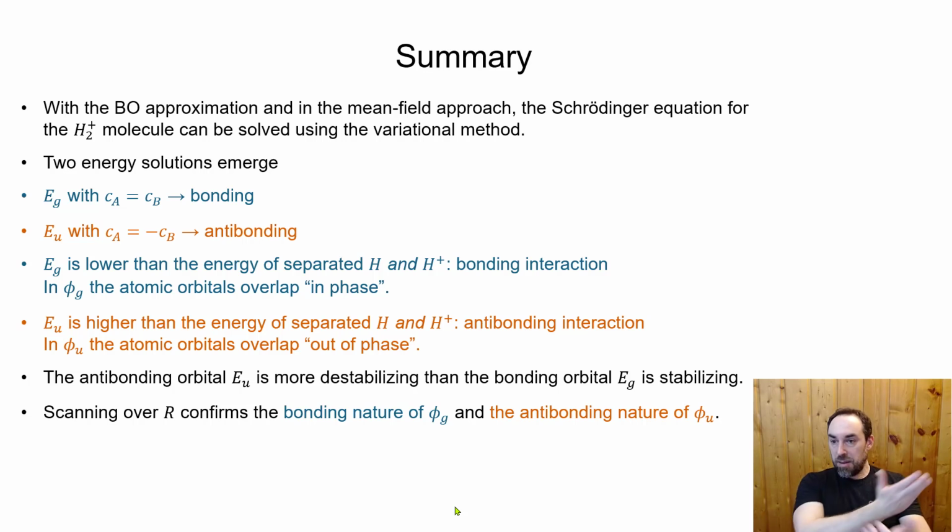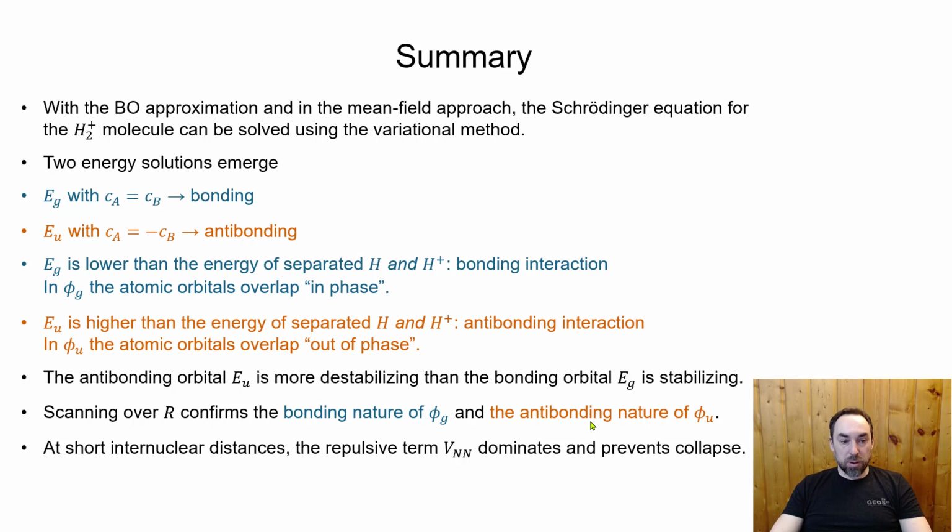Further, we scanned these terms over the bond distance, and we confirmed that the ground state leads to a dip, a minimum, so we confirm the bonding nature of the bonding orbital, and we confirm that the anti-bonding orbital instead leads to the separation of the molecule.